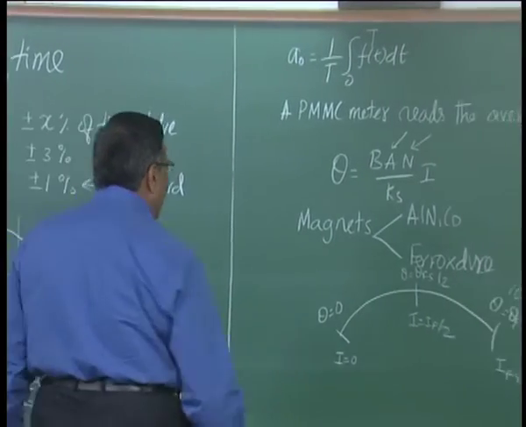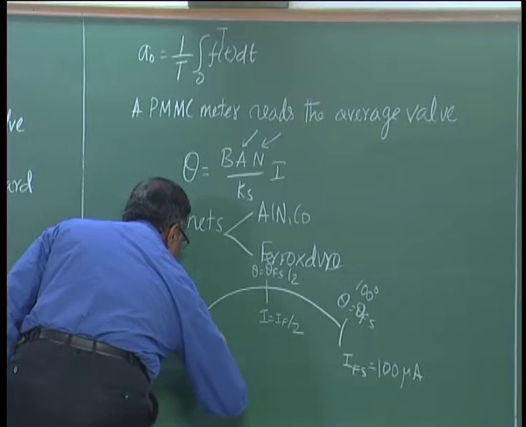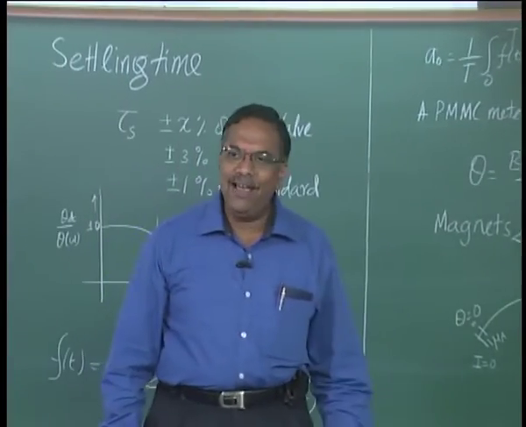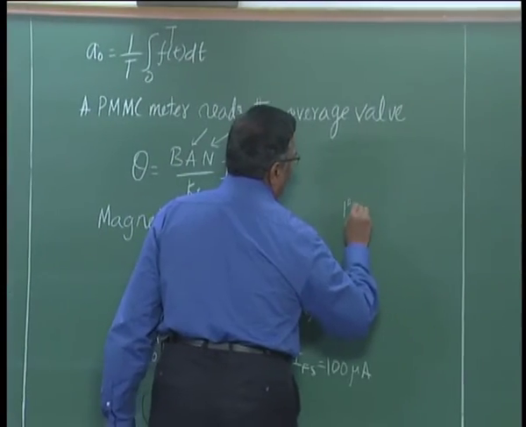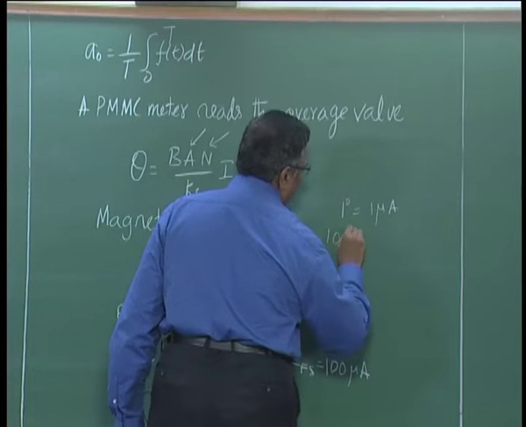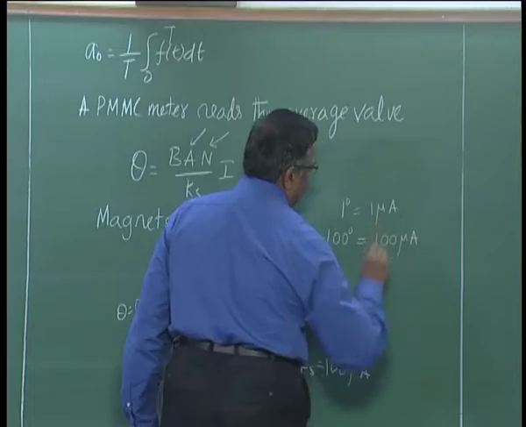So I can now mark every degree. So I put 1 degree, this will be 1 microampere. So now I have 1 degree equal to 1 microampere, and my full scale 100 degrees is equal to 100 microamperes.